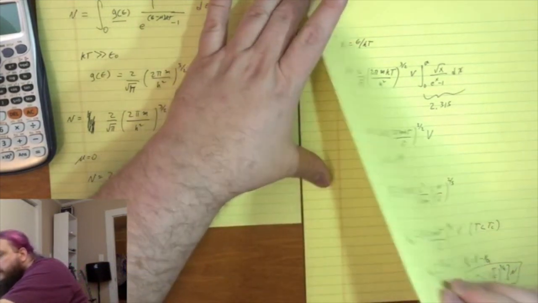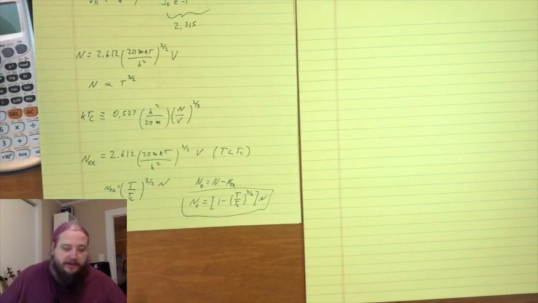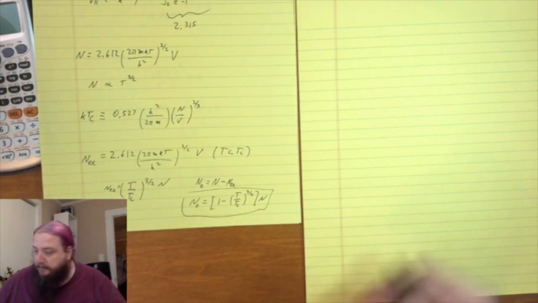All right, well, let's take a look at some of these calculations in the context of our rubidium-87 atoms.